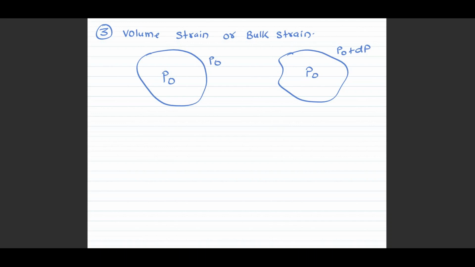Say the original volume is V. The new volume becomes V0 plus dV. So can I say bulk strain will be equal to change in volume divided by original volume? Correct?